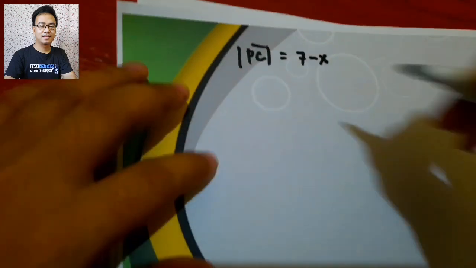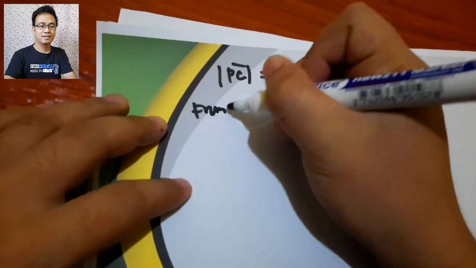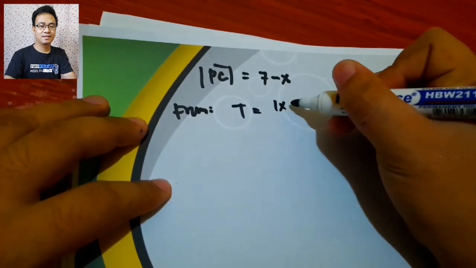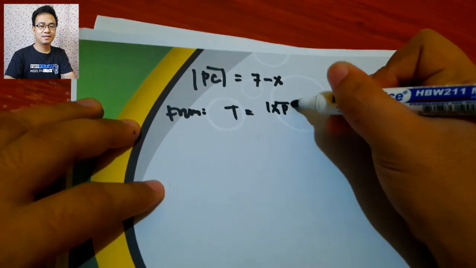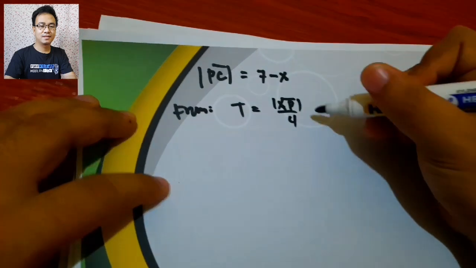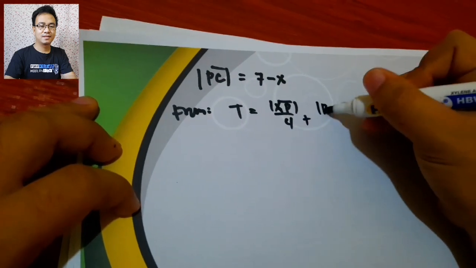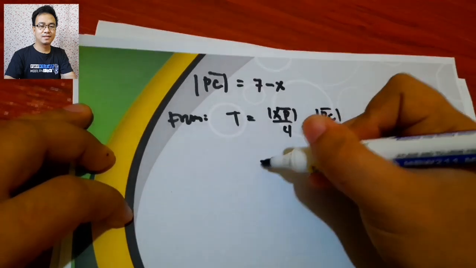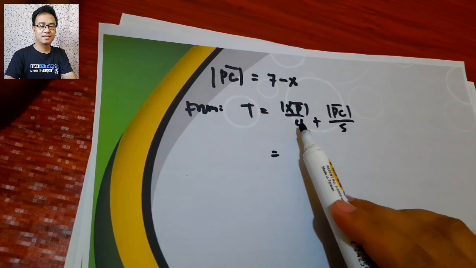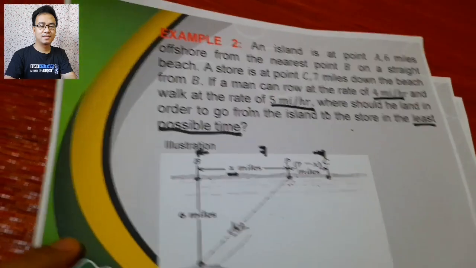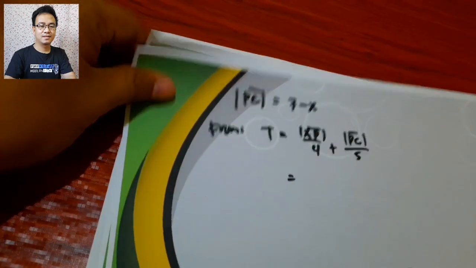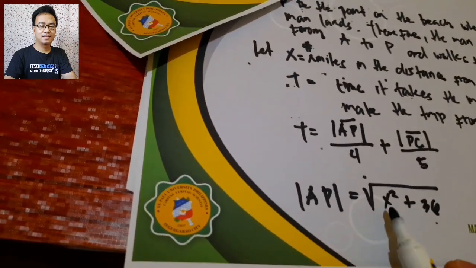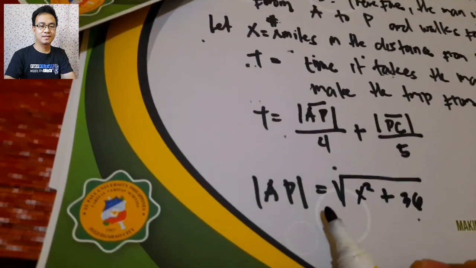Okay. So from our equation earlier, the distance from A to P over 4 plus the distance from P to C over 5 will then be equal to, take note, our distance from A to P, which is the square root of x squared plus 36, that's our AP.